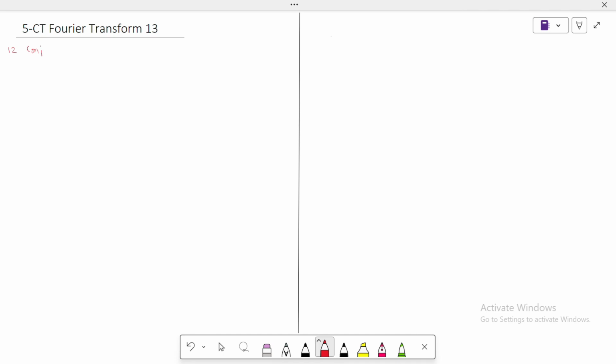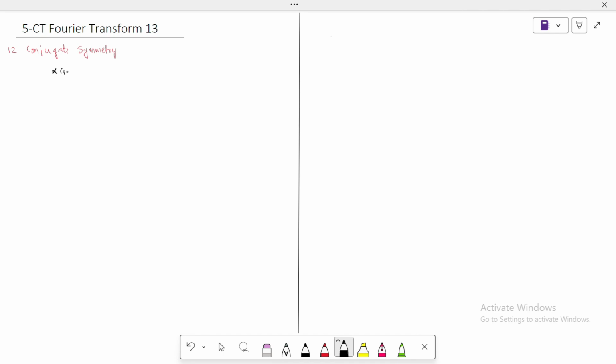Conjugate symmetry, similar to the Fourier series. Already this is the third time we see the same concept, but just written with X of j omega only. Previously we have taken the a k, so here we just write X of j omega in place of a k.